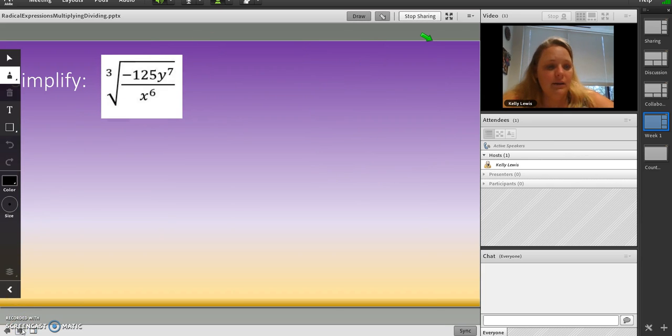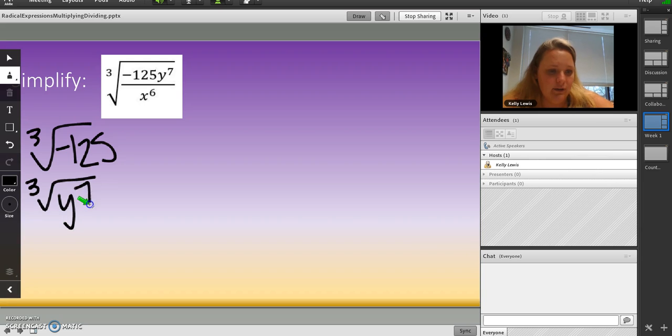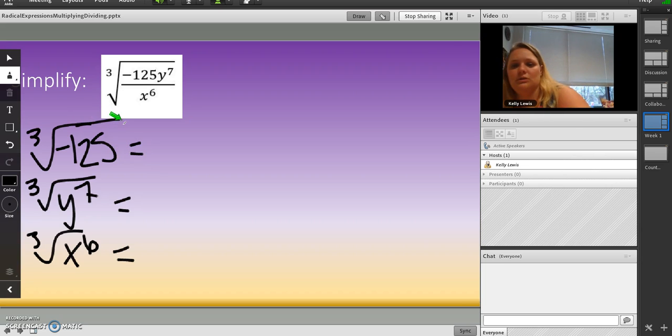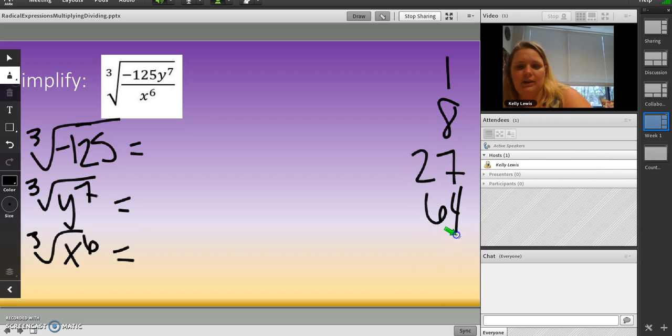Okay, here, I'm going to do cubed root of negative 125, cubed root of y to the 7, cubed root of x to the 6. All right, cubed root. So 1 times 1 times 1, 2 times 2 times 2, 3 times 3 times 3, 4 times 4 times 4, 5 times 5 times 5.